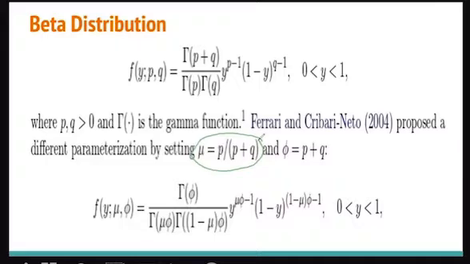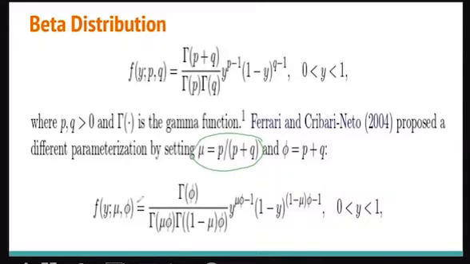If y follows a beta distribution, and I have mu equal to P divided by P plus Q, and I let phi be P plus Q, what I'm going to do is plug in mu anywhere I see P divided by P plus Q, and anywhere I see P plus Q, I'm going to plug in phi.